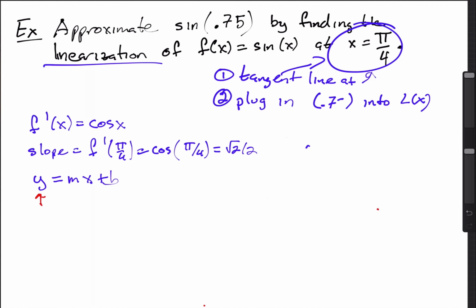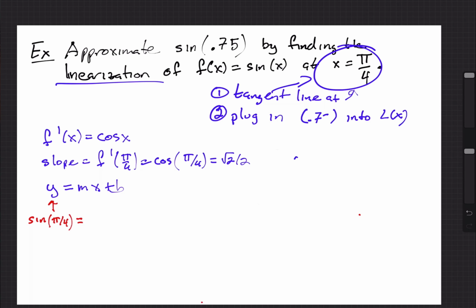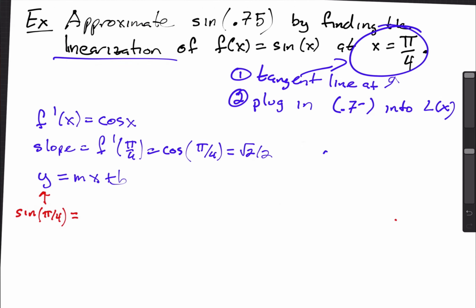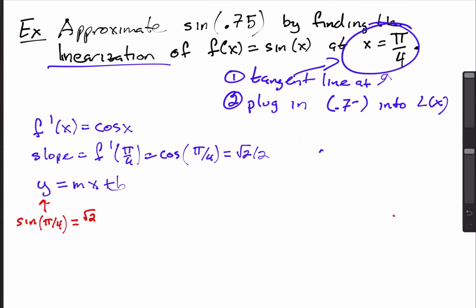Plug it into the original function, right? So this is sine of pi over 4, right? So pi over 4 is where I'm finding the tangent line. Okay, what is sine of pi over 4? Okay, root 2 over 2. And then the slope we said is root 2 over 2. What's the x value? Pi over 4.